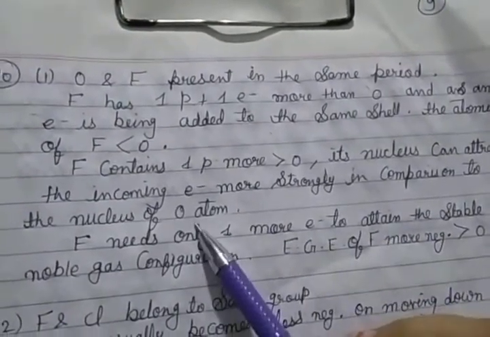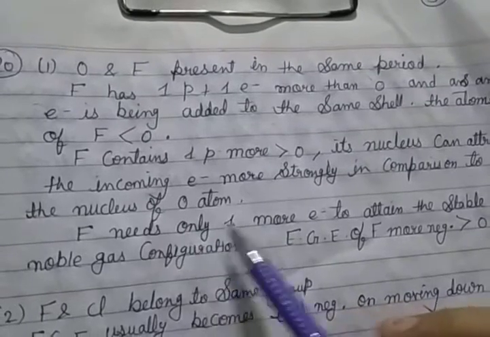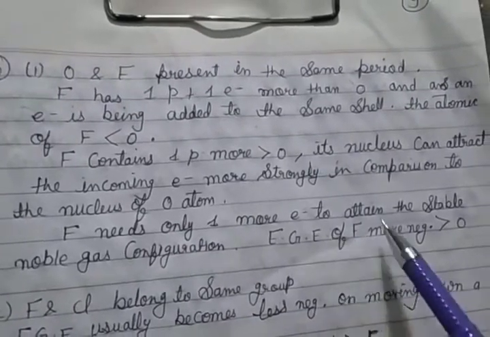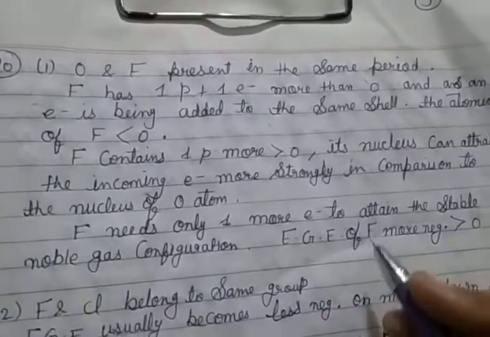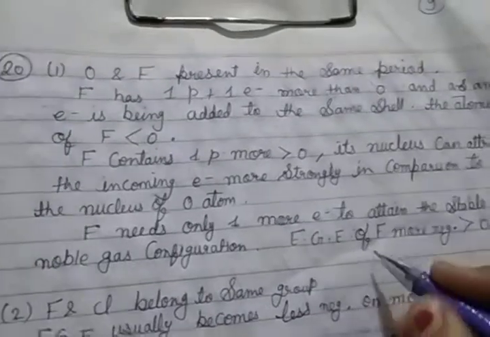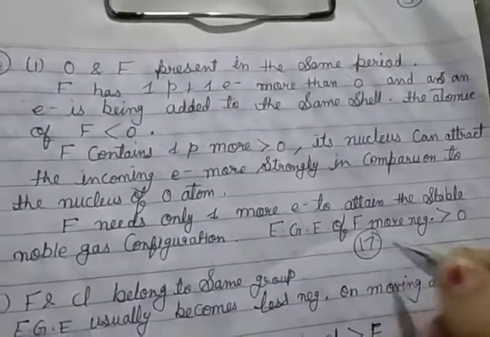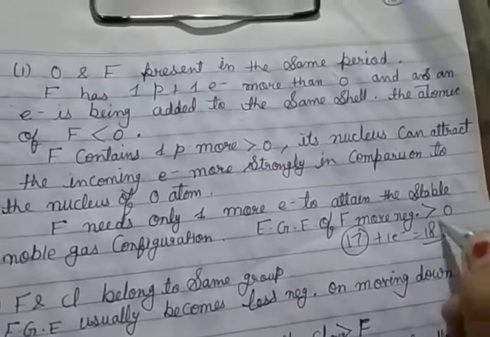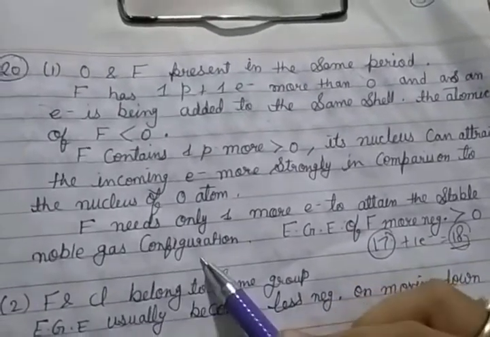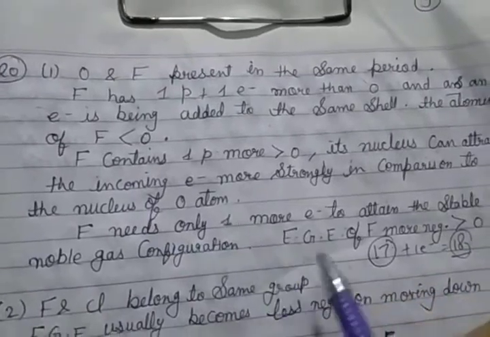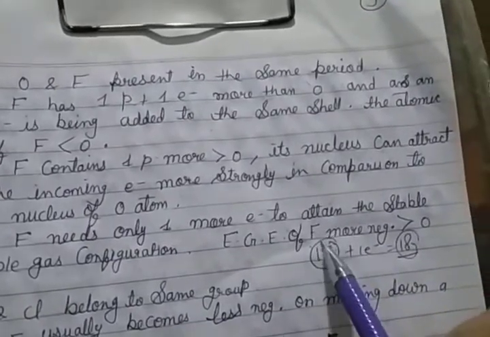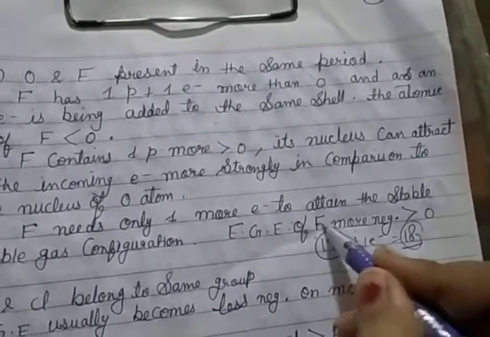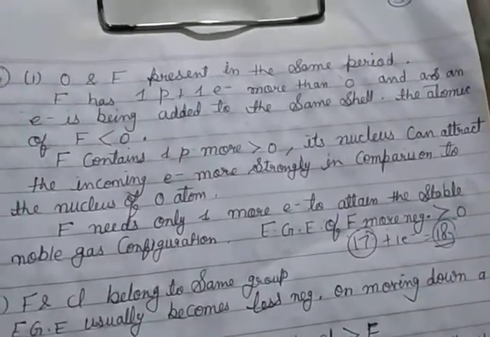Fluorine needs only one more electron to attain the stable noble gas configuration, because it is a group 17 element. When one electron is added, it completes the octet, so it attains the noble gas configuration. So the electron gain enthalpy of fluorine is more negative than oxygen. Clear?